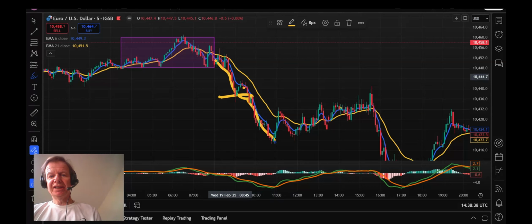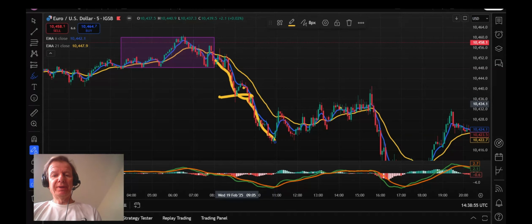What, 419 up to there, yeah, just under another 17 pips on that. At £8 a pip, that's quite a good win that I'm missing out on, but I still took the 10 pips.